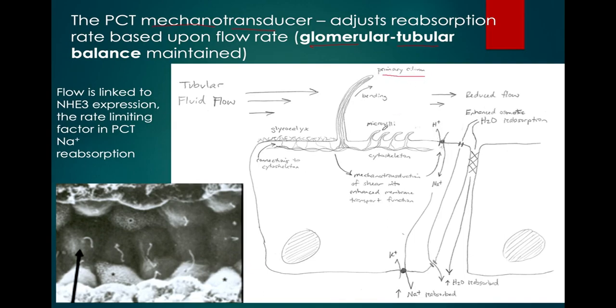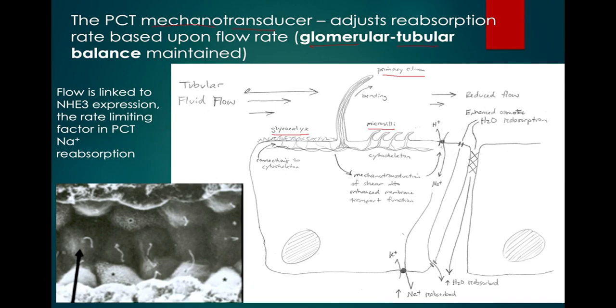That's one. There are also microvilli, and they're important to increase the surface area, but they're also part of this mechanotransducer. And then there's this layer of extracellular attached proteins called the glycocalyx. So all of that is sort of like fuzzy cell projections sticking into the lumen here.